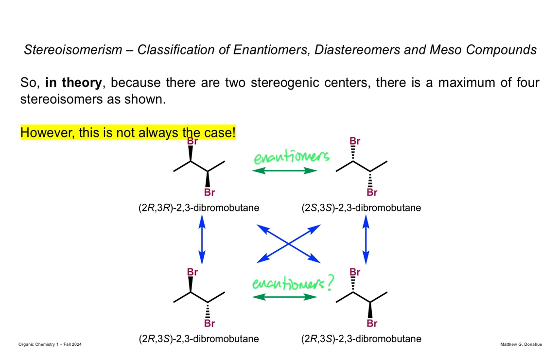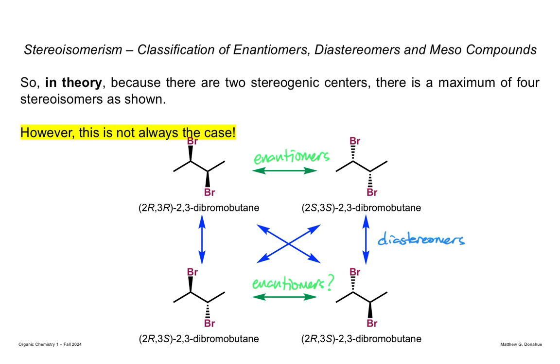The blue arrows indicate diastereomeric relationships. So again, you either look at the CIP designations, or you sort of draw them in the same format and look at the wedges and the dashes.